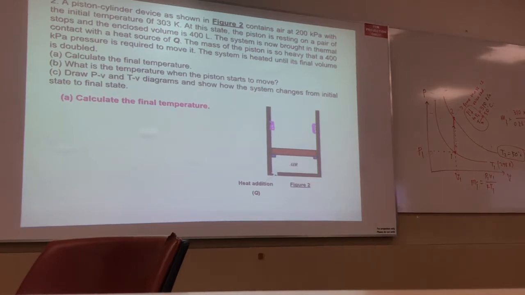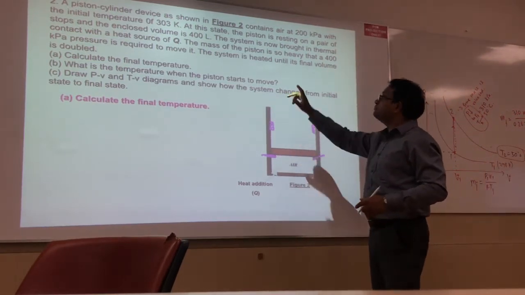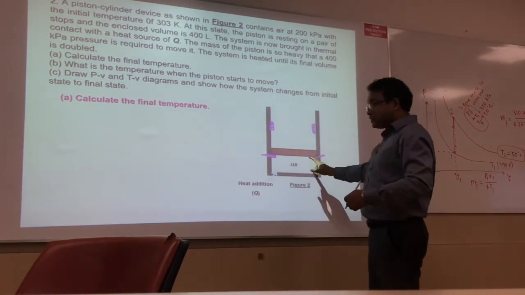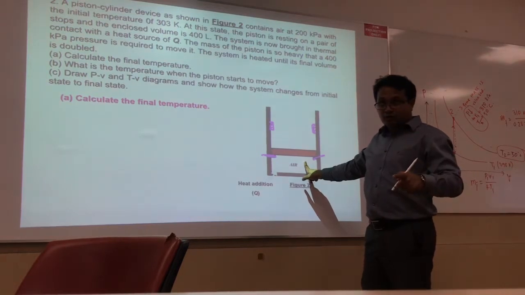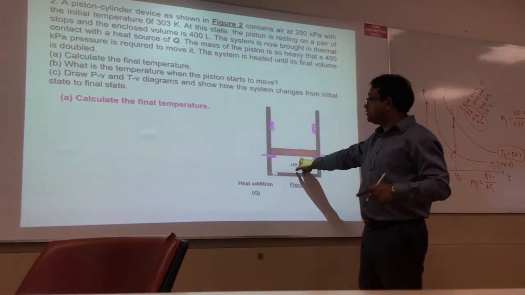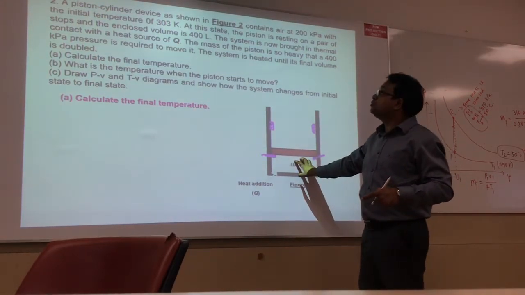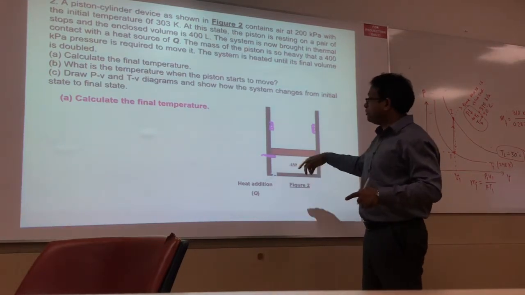Alright, but here there is no stopper now. No stopper. So in that question they tell you a piston cylinder device as shown in this figure. Initial pressure is 200 kilopascal, temperature 303, volume is 0.4 meter cube. The system is now brought in thermal contact.